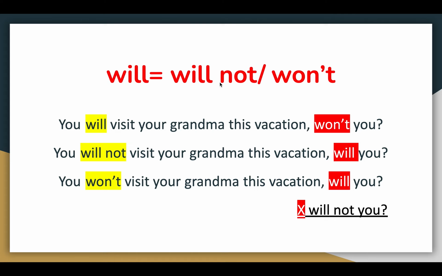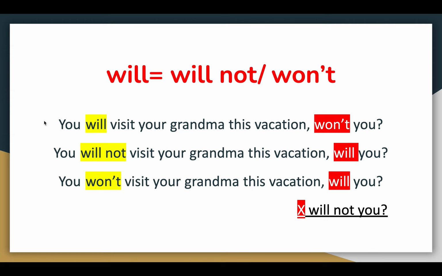But in a negative tag question, you are supposed to use only won't. Remember that. You don't use "will not you" or "will not she", it's always won't. You can use will not or won't in a statement, but in a tag question, you say won't.